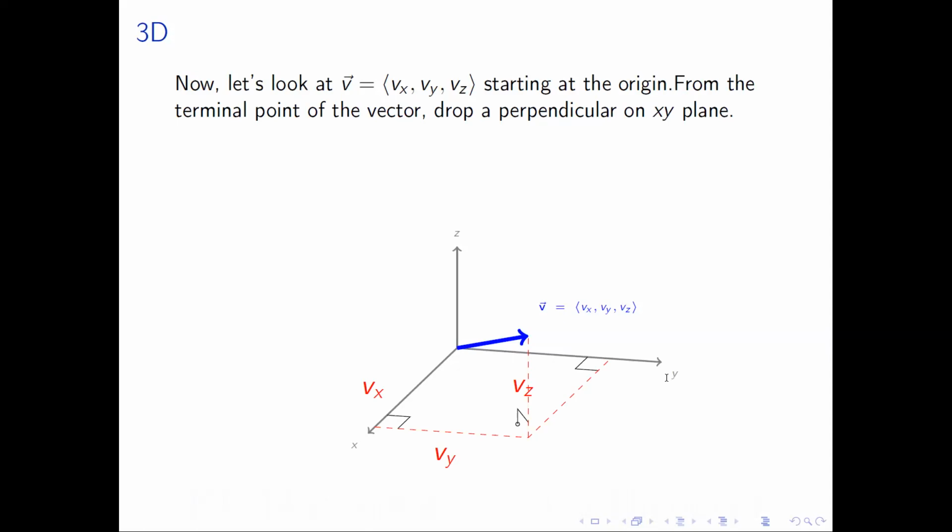From the point of intersection of that perpendicular, draw two perpendiculars to the x and y axes. Because you dropped the perpendicular to the xy plane, the length from the end point of the vector to the point of intersection is going to have length v sub z. That's the z component of the vector.